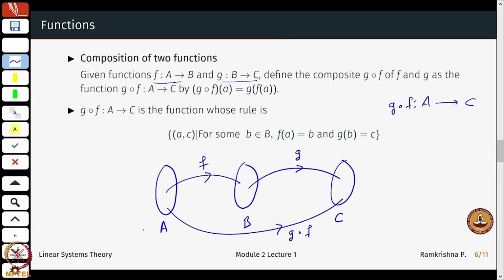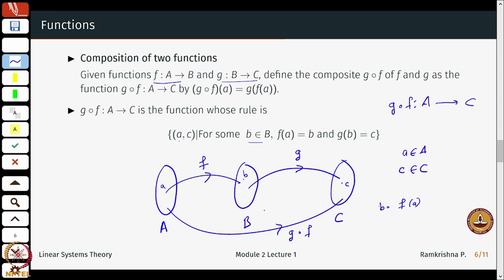So here I am looking at the pair (a, c), where a is in capital A, c comes from capital C, in such a way that for some b which lies here, this a under the function f, or the map f, goes to b, such that b is now f of a.